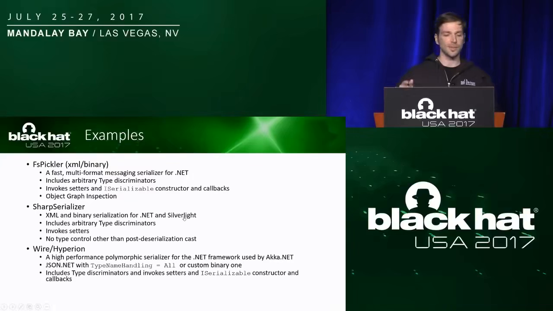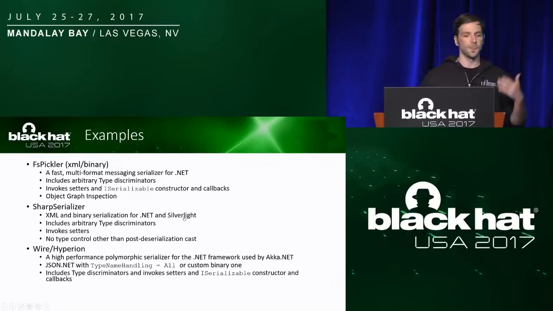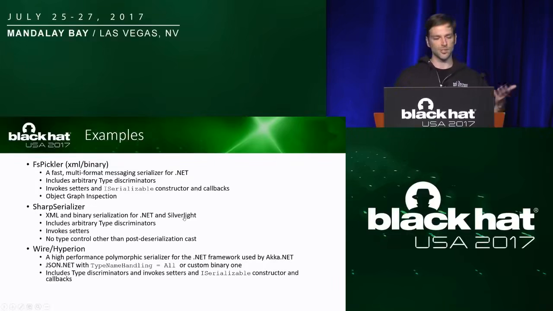However, you can enable this new custom serializer that they implemented called Hyperion, that also includes type discriminators, also invokes setters, and also performs no type control at all. So if you can send a message to an Akka.NET actor, you will be able to get remote code execution as well.